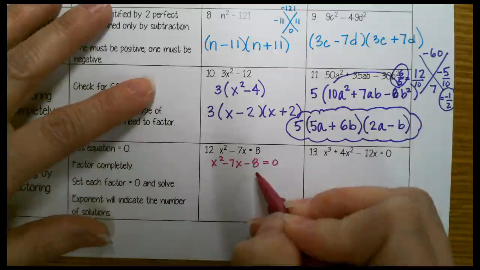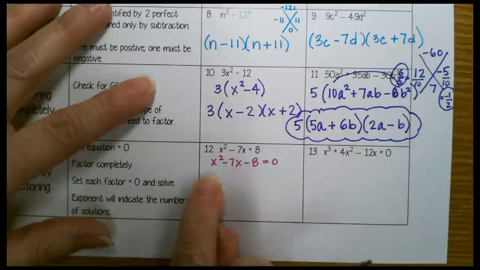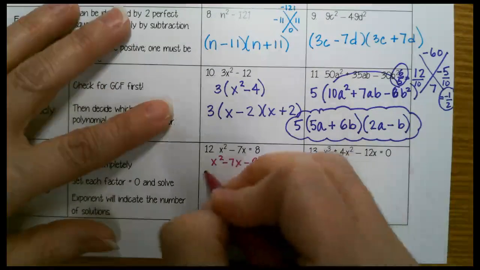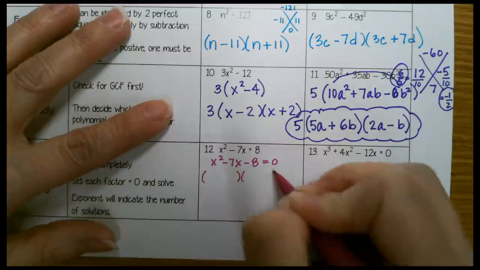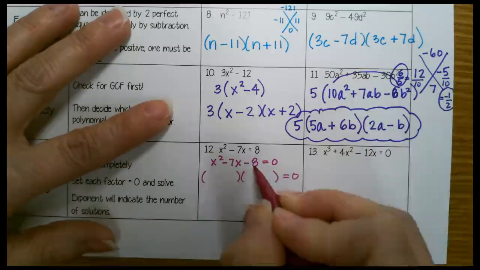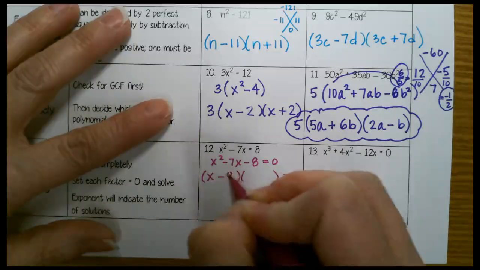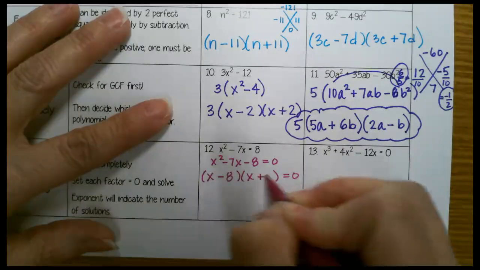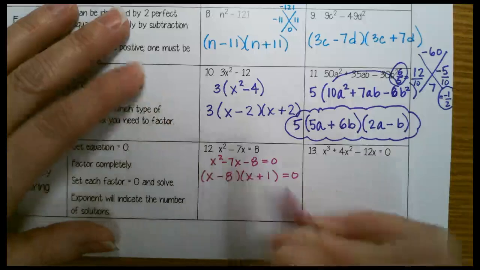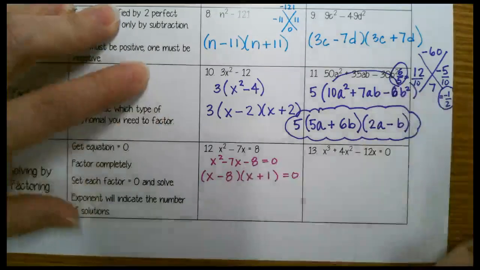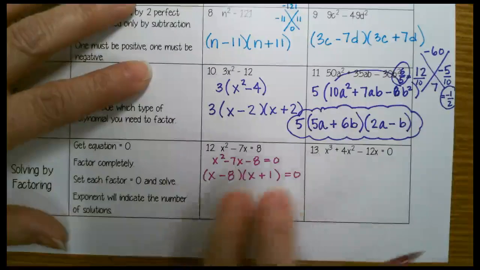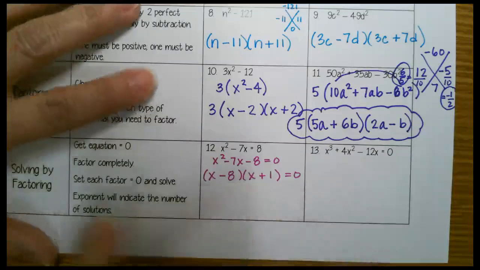Now I want to factor this down. Well, this is a trinomial. There's no GCF. So I'm looking for numbers that multiply to be -8, but add up to -7. If I multiply -8 by a +1, I'll get a -7. So this is the factored form, but now I'm solving.